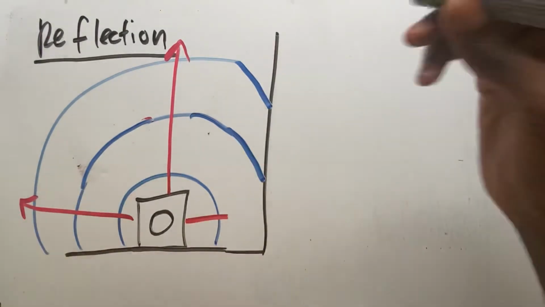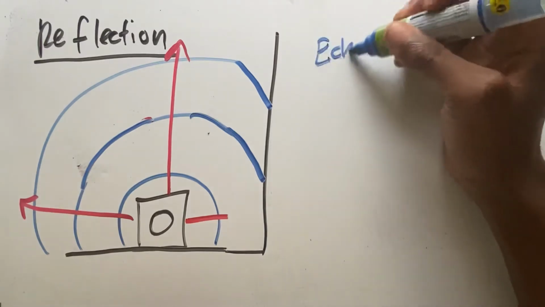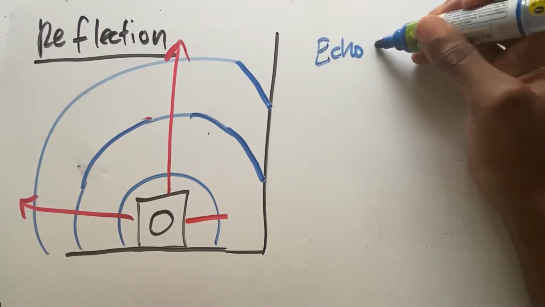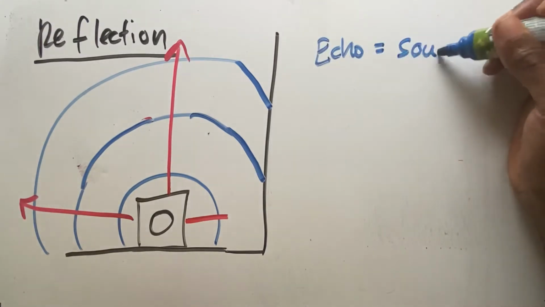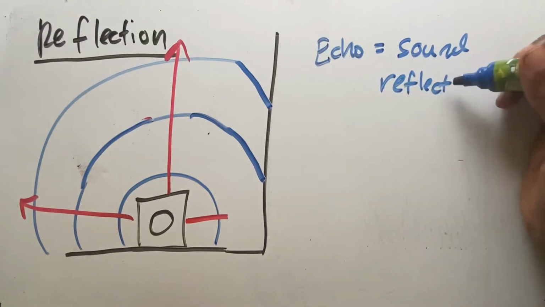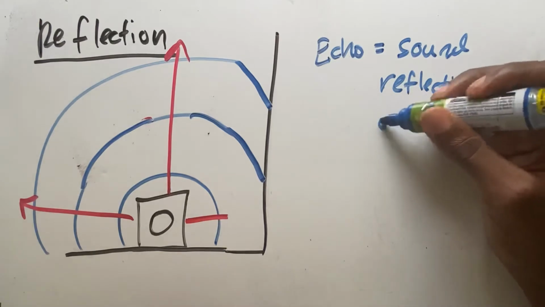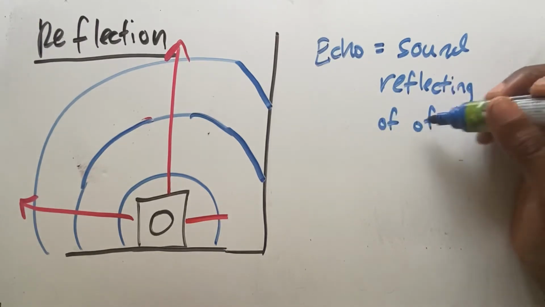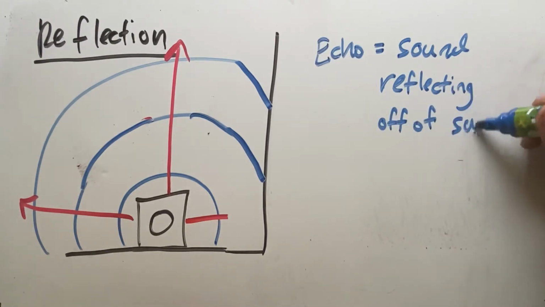So an echo is basically sound reflecting off of a surface.